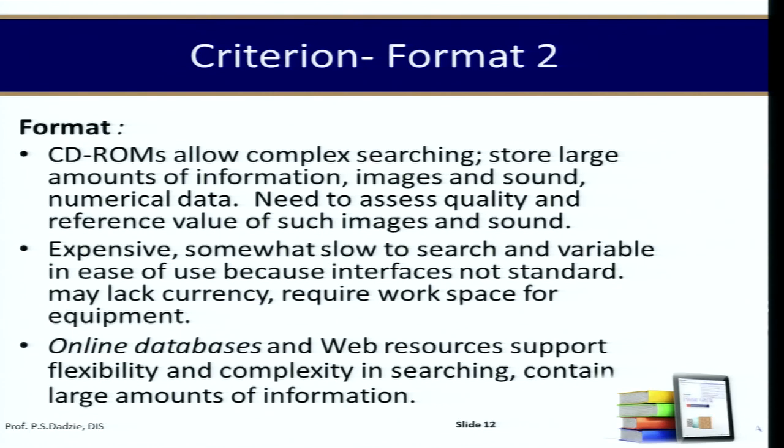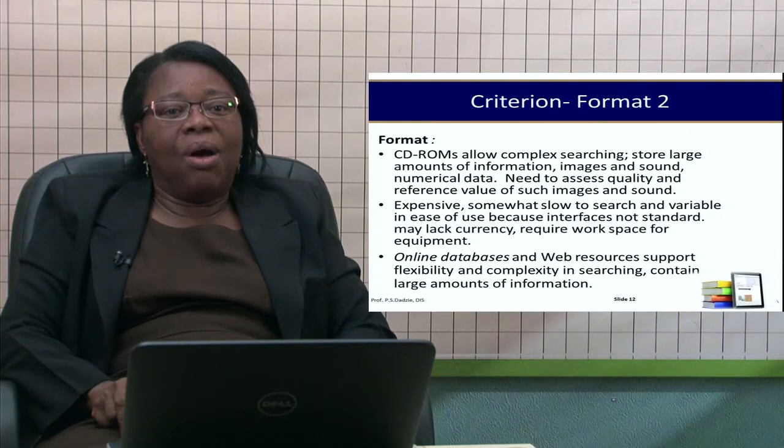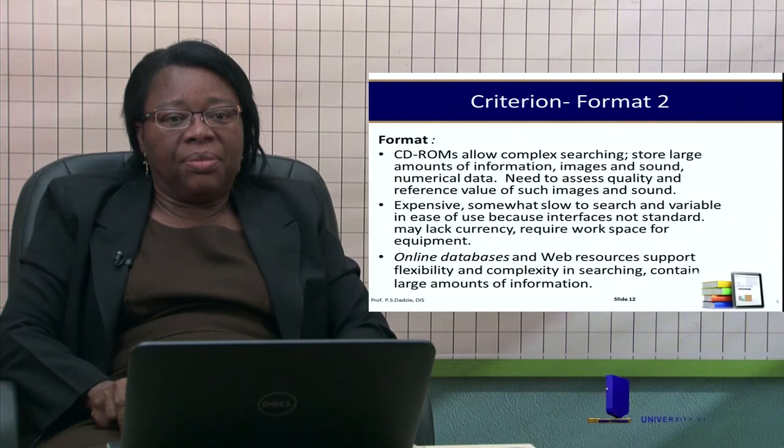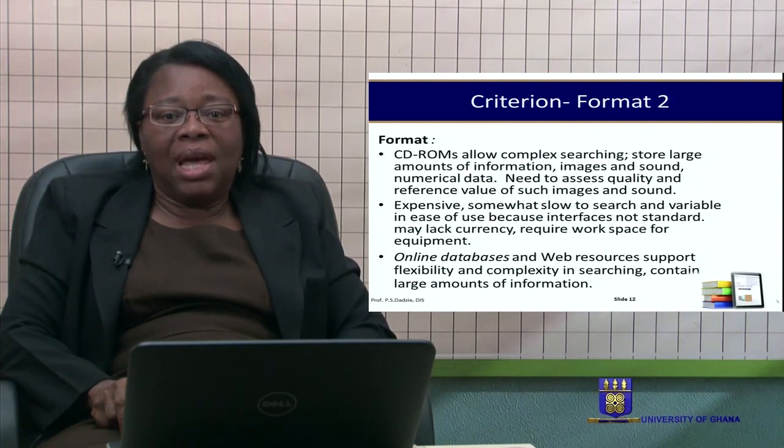Now, if you have a CD-ROM format, what is good about CD-ROM formats? They store large amounts of information and they are also searchable. If you have an online format, what is good is that it also enables you to do complex searching.